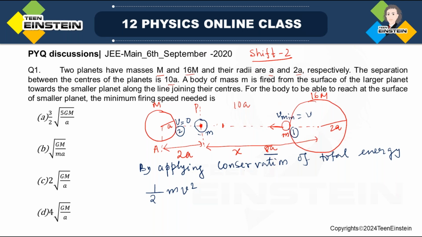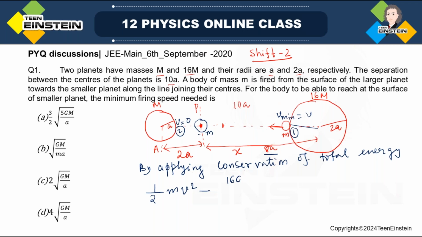The potential energy due to planet B will be G M m by A, where A is the distance. This is 2a at this particular position.